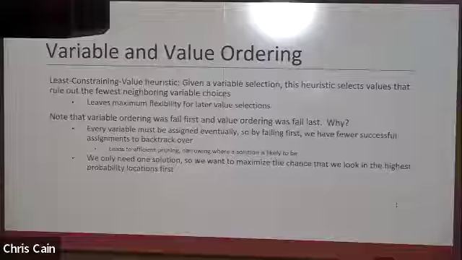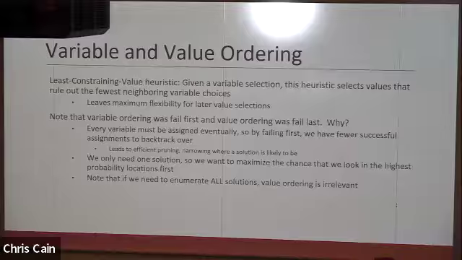We're done. So value ordering is totally irrelevant if we have to enumerate all solutions. The only reason we care is if we're trying to find a solution as fast as we can. But I find that that's true more frequently than not.